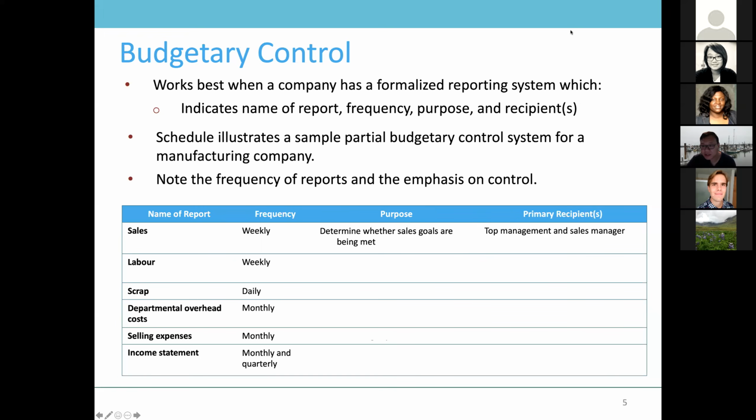So next one, labor report, okay? The frequency is weekly. What's the purpose for that? Tammy?